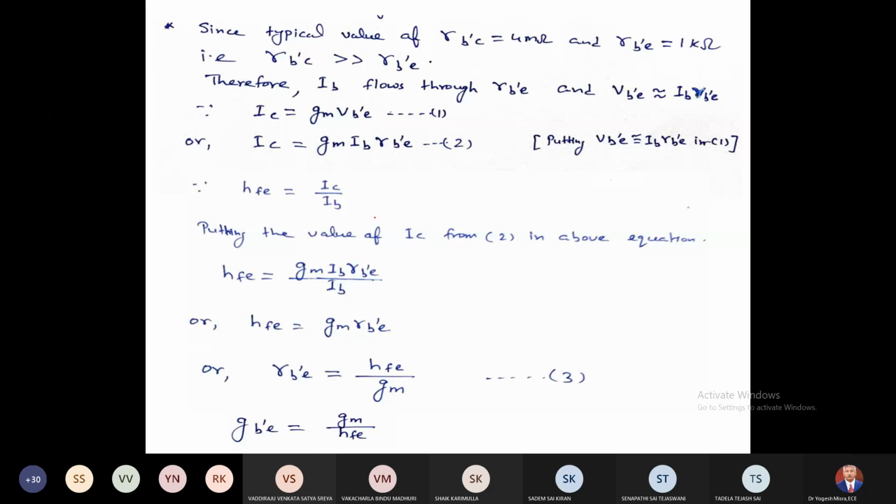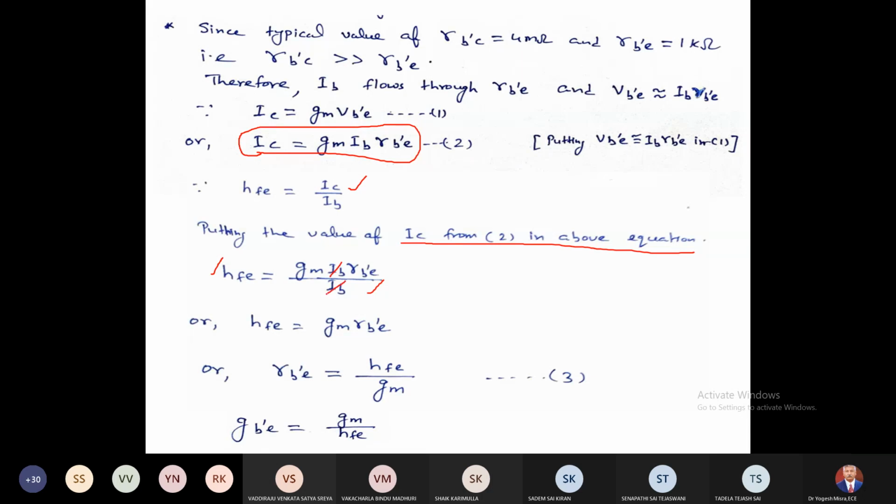Right, so HFE is IC by IB. Now putting the value of IC from 2 in above equation. So in 2 IC is equal to this, right? So HFE is equal to GM IB RB'E divided by IB, right?